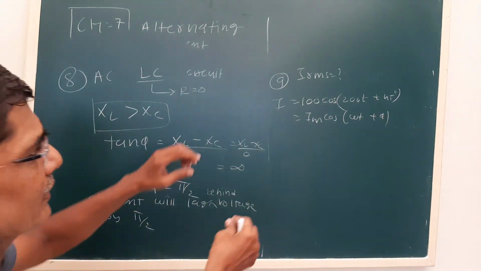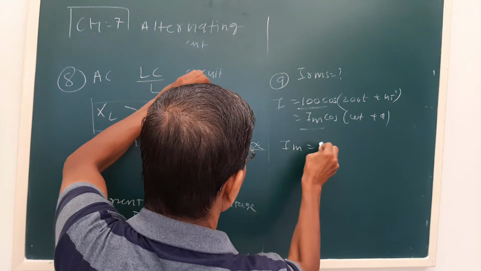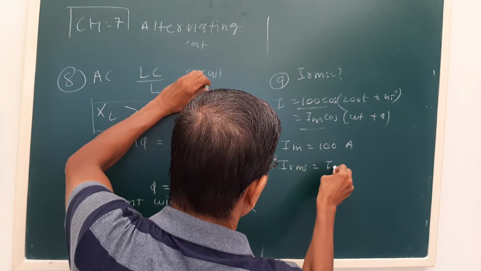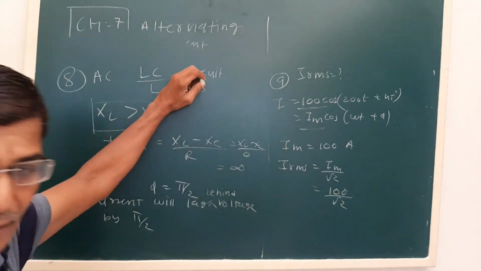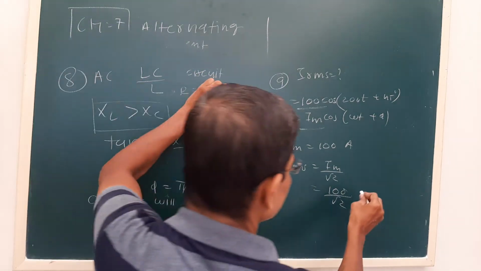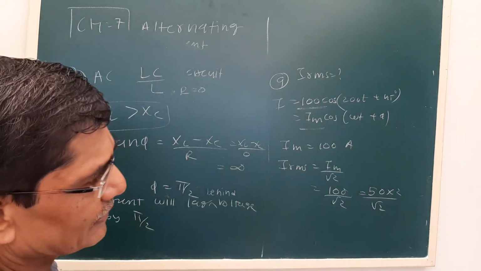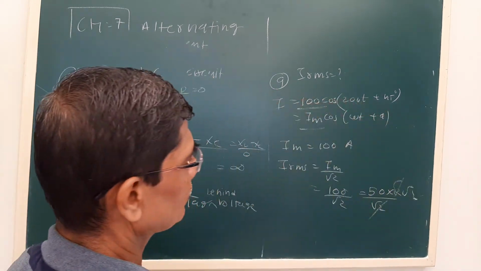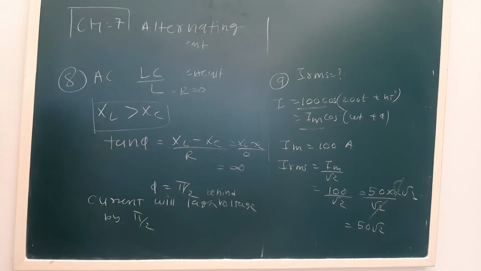So what is the value of Im here? 100 ampere. IRMS will be Im upon root 2. Okay. Now we can write, and we do some rationalization. So IRMS will be 50 upon root 2. Okay. This is how we can solve.